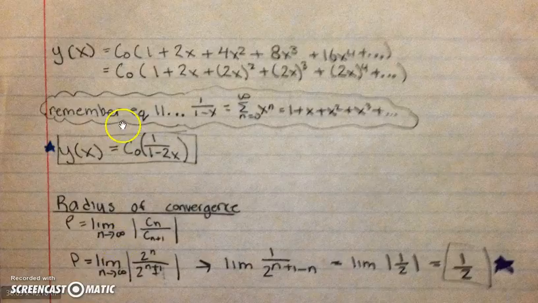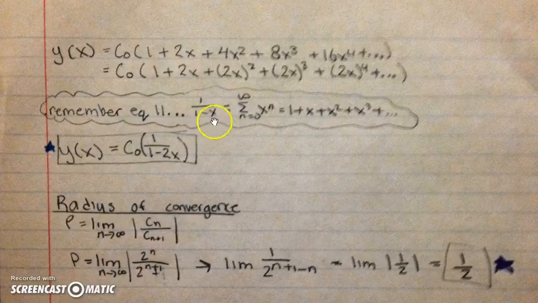If we remember equation 11, it says that 1 over 1 minus x equals the sum of n equals 0 to infinity of x to the n, which equals 1 plus x plus x squared plus x cubed, and so on. Knowing that, we look at what we have, and that is exactly what our series looks like, except that we have a 2x, not just x.